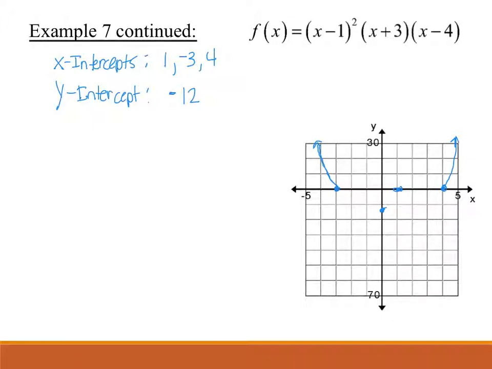Now, we're going to sketch the graph in just a second. We know that we cross at negative 3, so we have to go down here, right? We have to go down. We're probably going to go to minus 12, and then we're going to go up through 1 and touch it. So we're only going to touch, and now we're going to go down again. Now this is where we have to find that extra point in between two places, right?